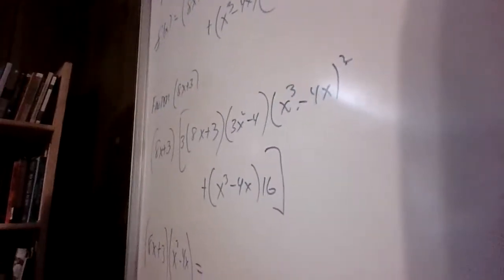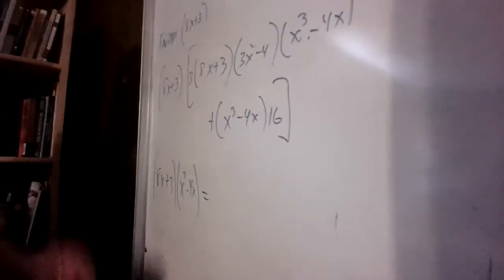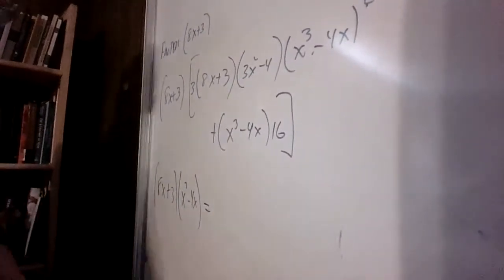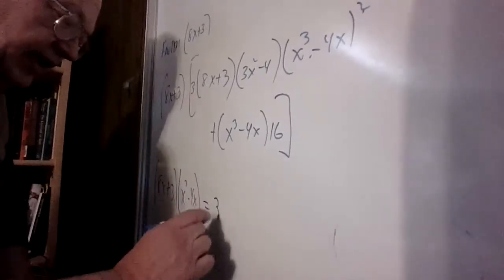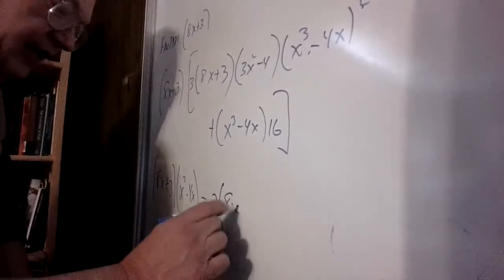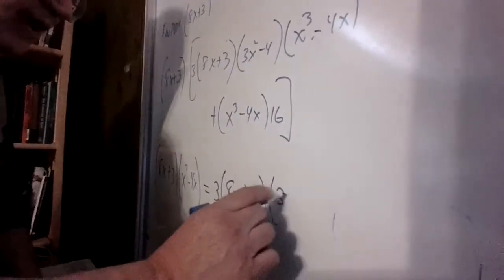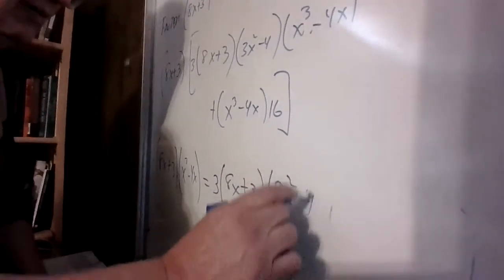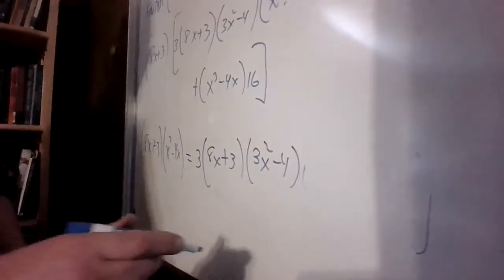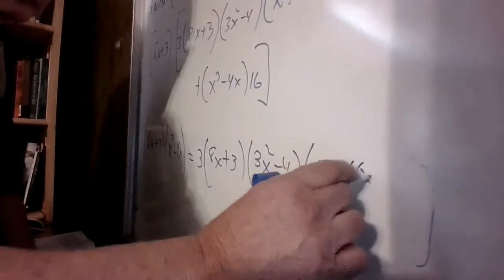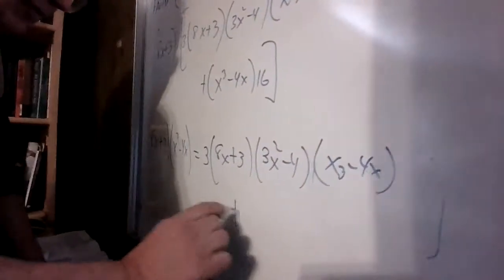So I'm going to multiply. Taking out the x^3 minus 4x, and that's giving me 3, 8x plus 3, 3x squared minus 4, x^3 minus 4x, plus 16.